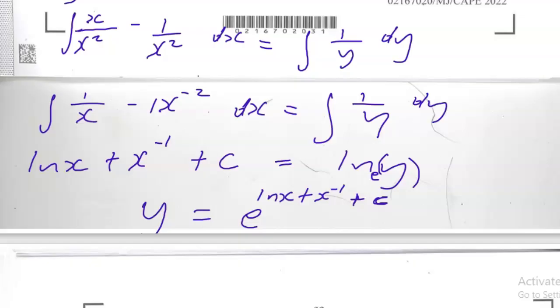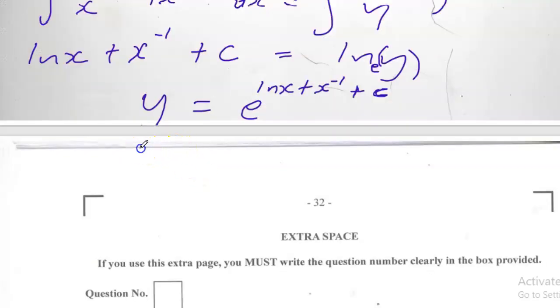And that's that. Now if you want to go further and simplify, we could rewrite this as e to the log x times e to the x to the power of minus 1, which is the same as 1 over x, times e to a constant.